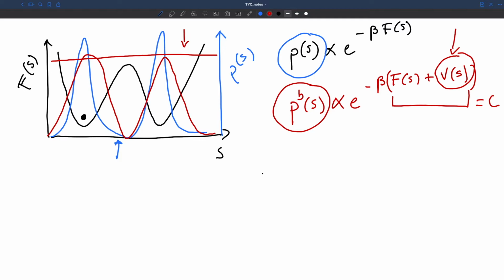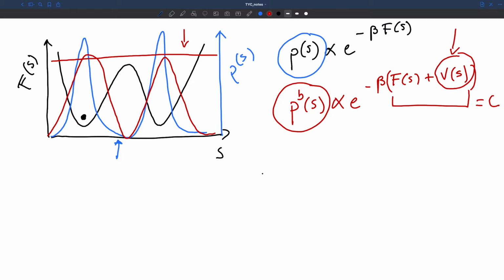So the question now becomes, how do we actually use statistical mechanics to account for the effect of the bias and reconstruct the unbiased probability density from the sampled probability density?